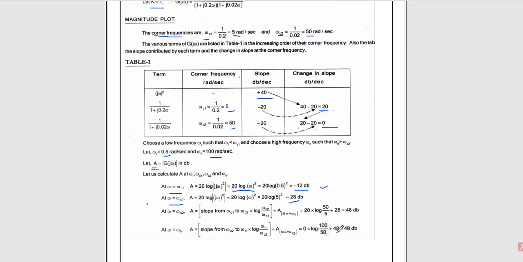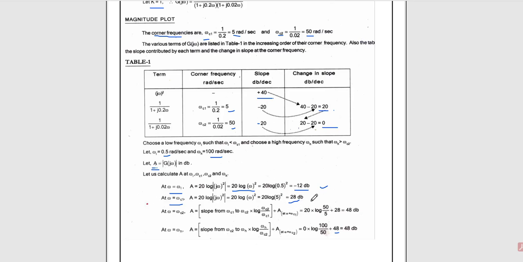This becomes 0 and we will be getting 48. So for omega C2 and omega H, the gain value is 48. From this itself it is understood that the slope will be 0. There won't be any slope between these two frequencies. That's all, so these are the gain calculations.